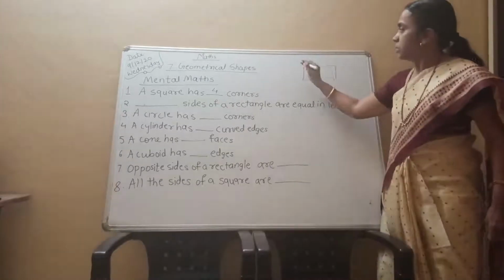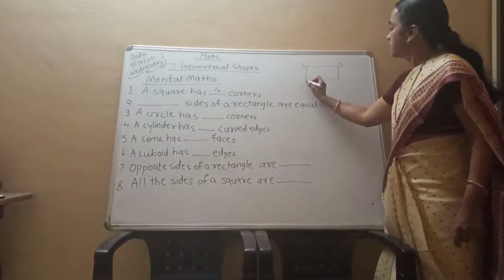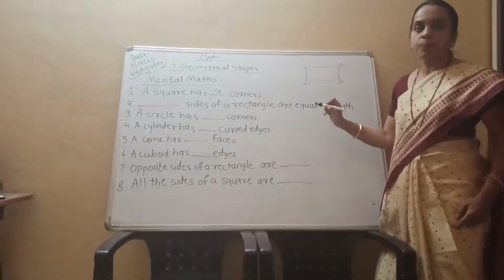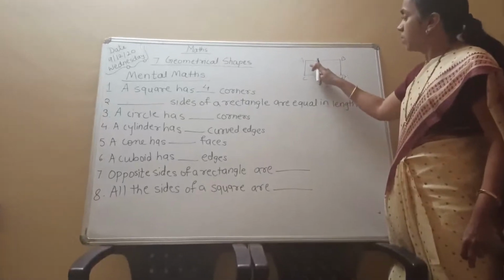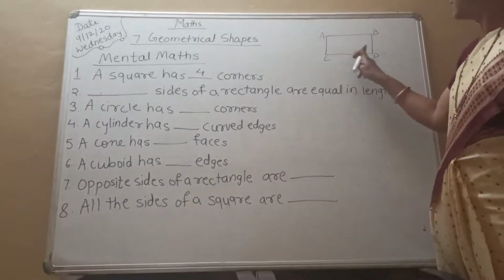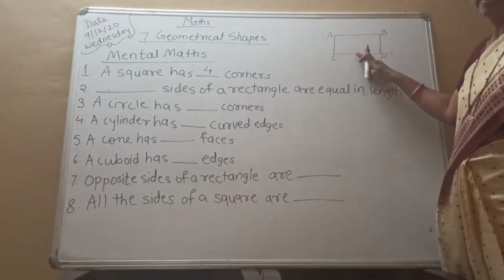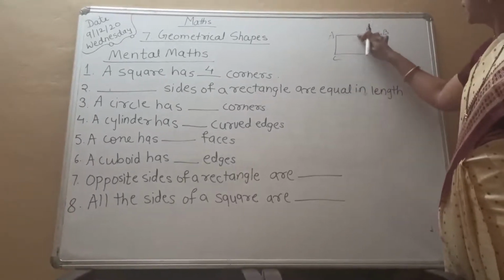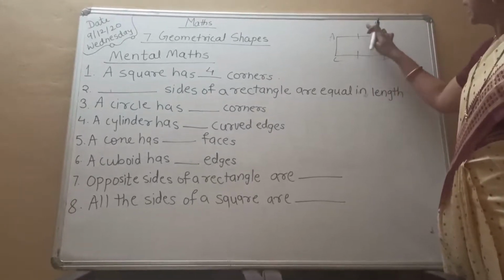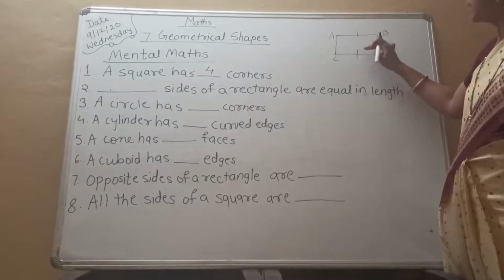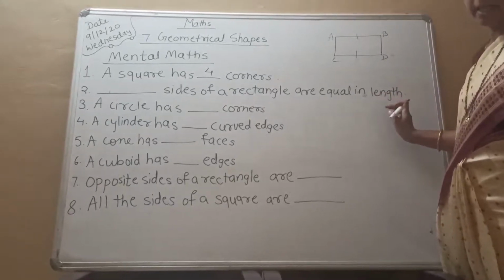Suppose we give it the names A, B, C and D. This is our rectangle ABCD. So AB and CD, these are the 2 opposite sides of each other, and these 2 opposite sides of a rectangle are equal in length.